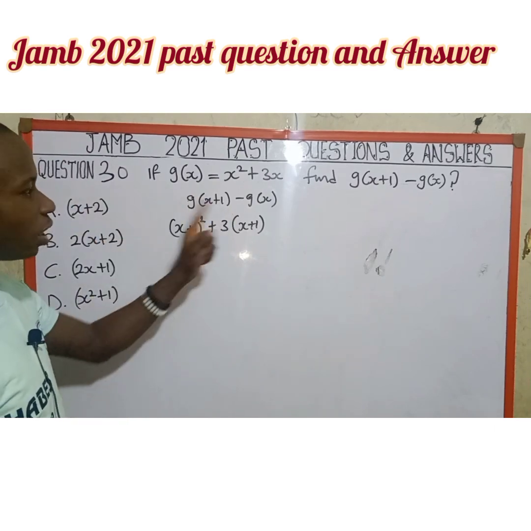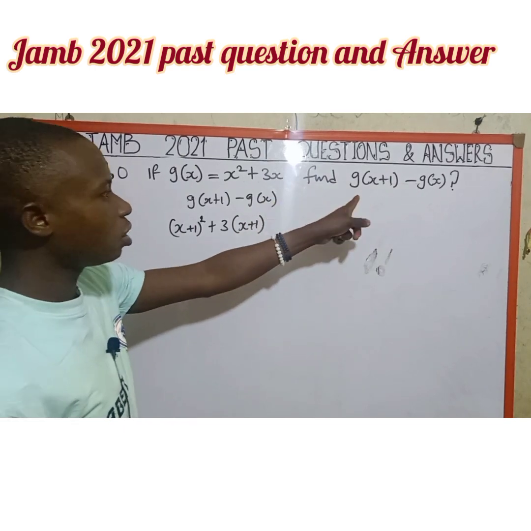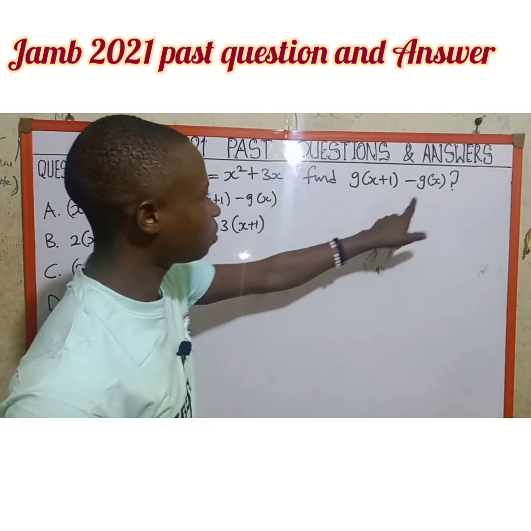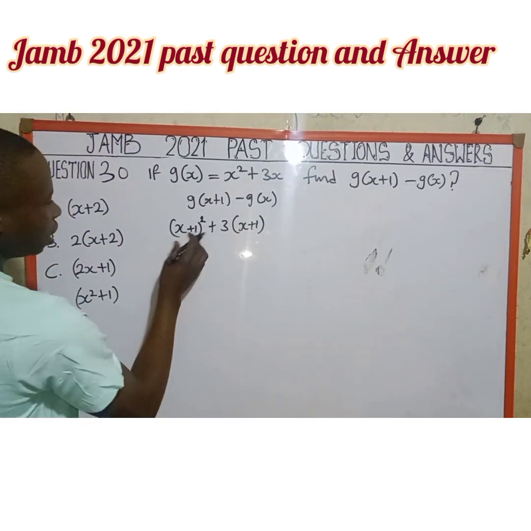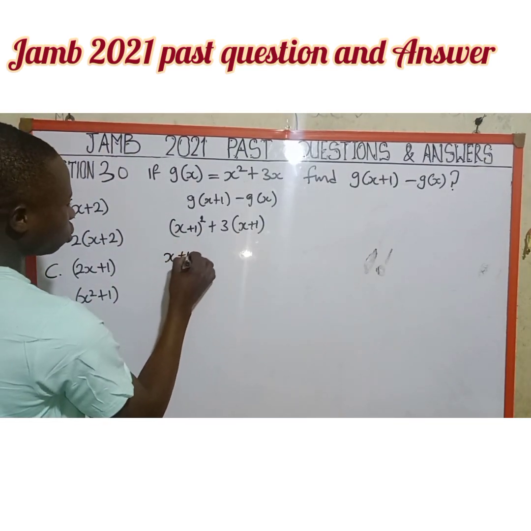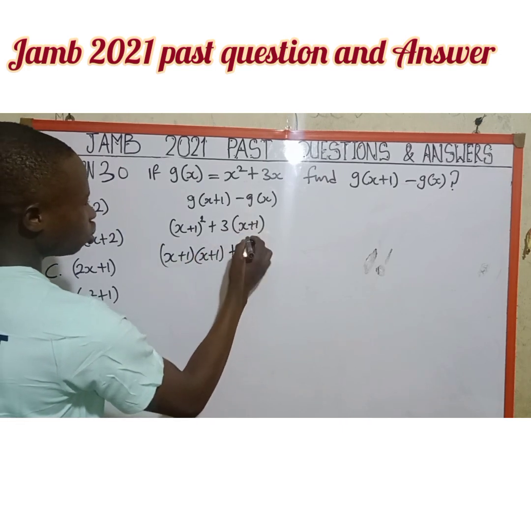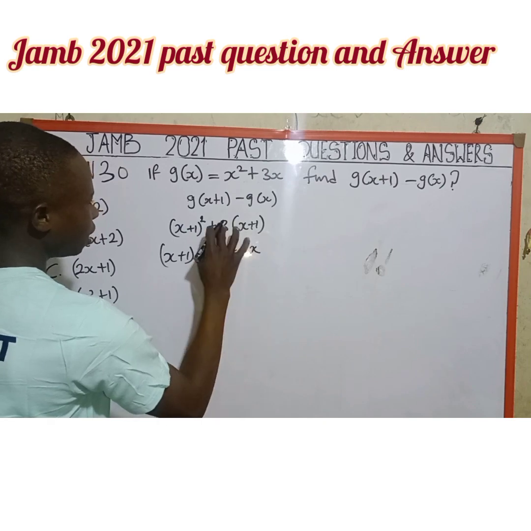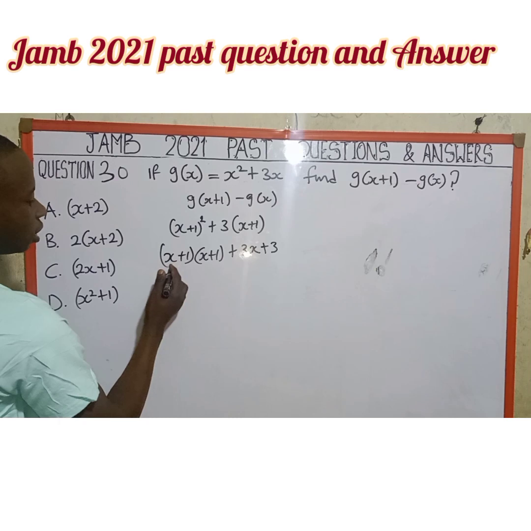Then remember, don't forget to subtract g of s from g of s plus 1, because the question says we should. So let us first simplify this. This can also be written as s plus 1 multiplied by s plus 1, then plus, let us open this bracket, 3s, then 3 multiplied by 1 gives 3.